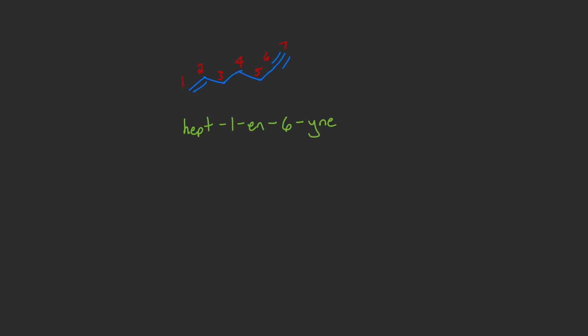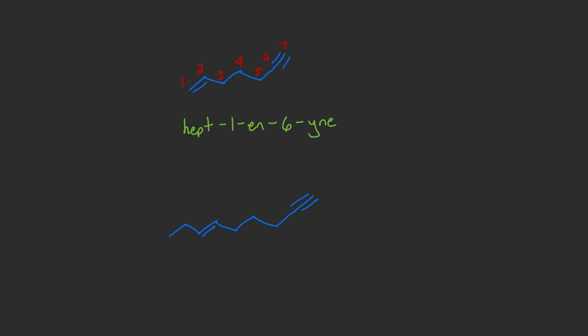Okay, so with that, let's look at the opposite example. So now we have an alkyne and an alkene, but now let's say they're not in the same position. In this case, you go with whichever type of bond comes first.